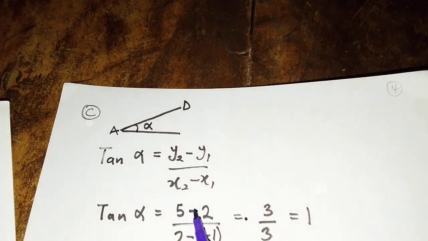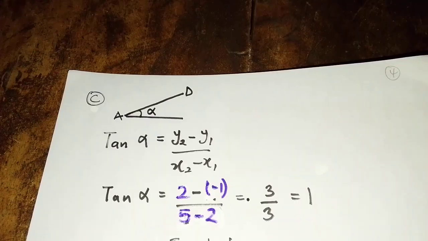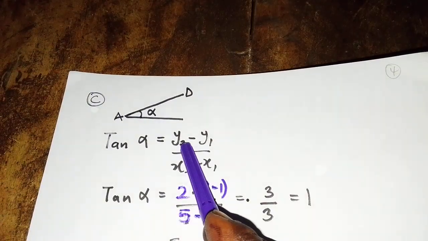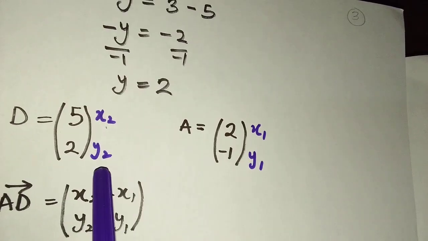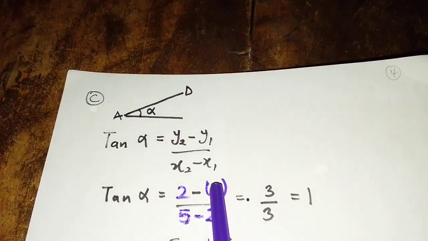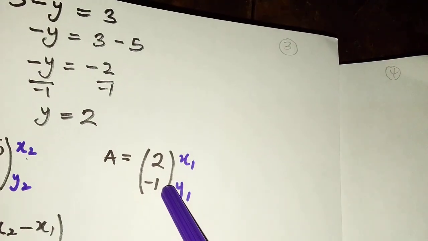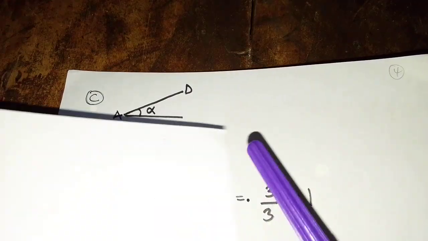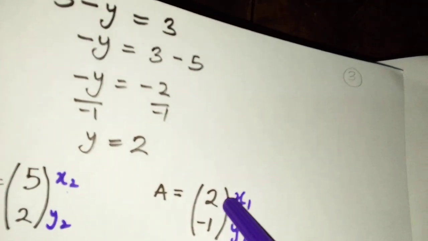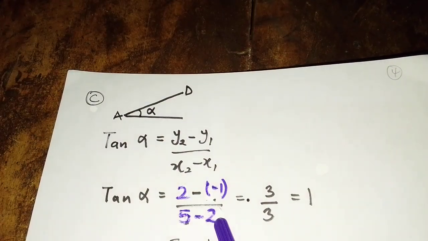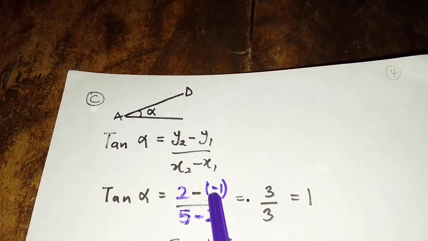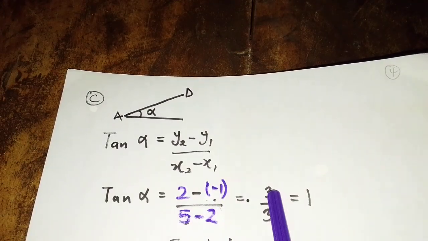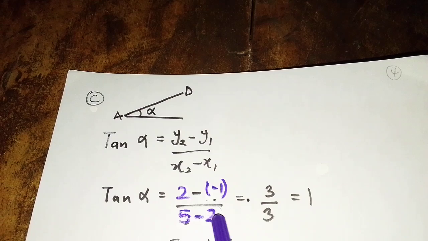Minus, so you have the value for your y2 to be 2, minus our y1 which is minus 1, then your x2 is 5, then your x1 is 2. Substitute here. So you have minus times minus to give us plus. 2 plus 1 will give us 3 over 5 minus 2 will give us 3. 3 divided by 3 is 1.